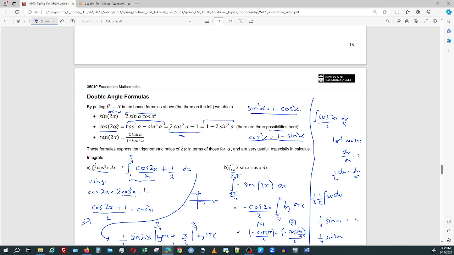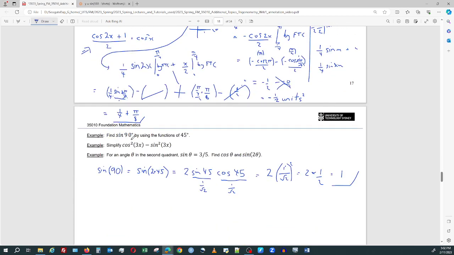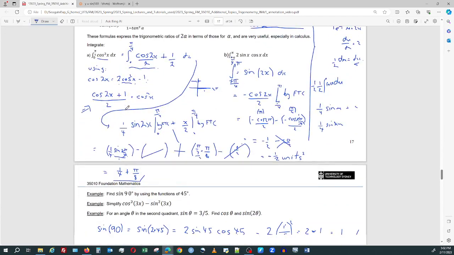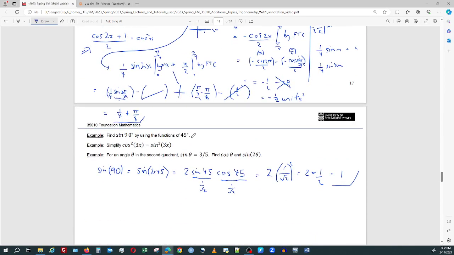Cos squared. Or cos squared sine squared. So it's this one, cos 2 alpha, where 3x is alpha, so it's just going to be cos 6x on substitution. That's fine. 2 lots of 3x. Okay, 2 lots of 3x.